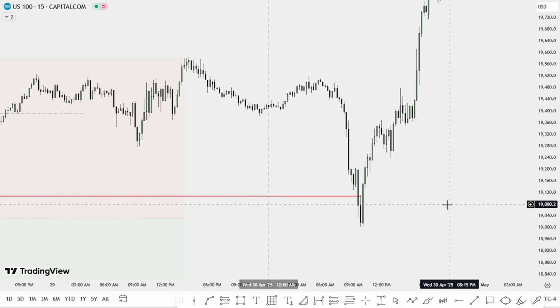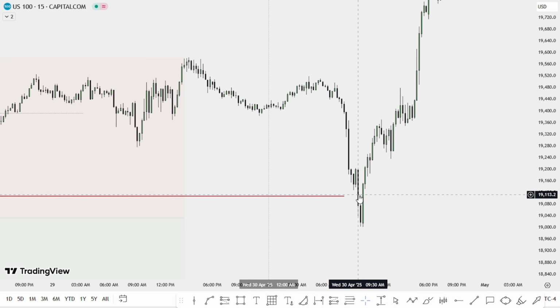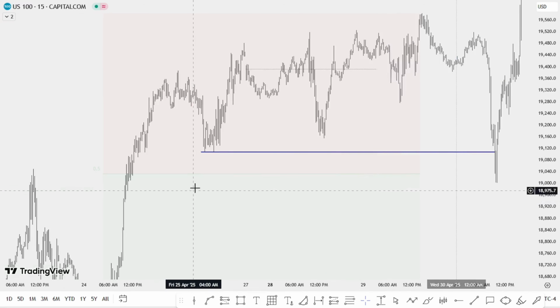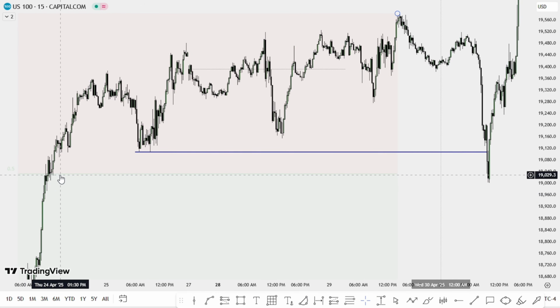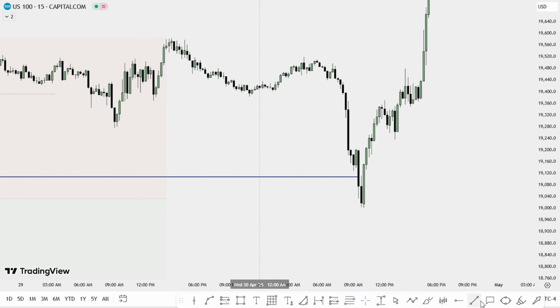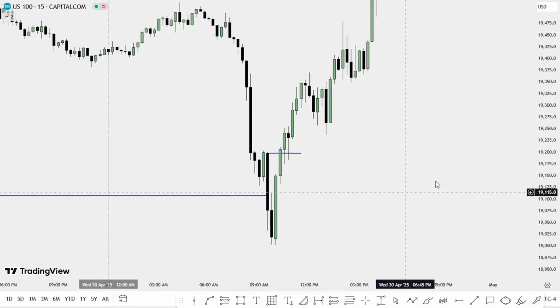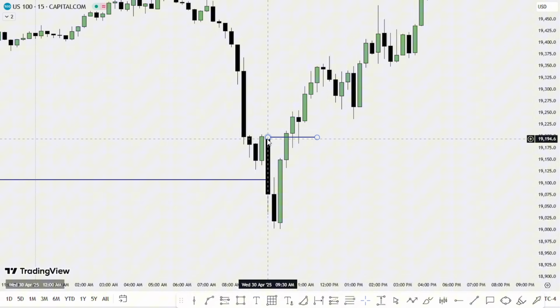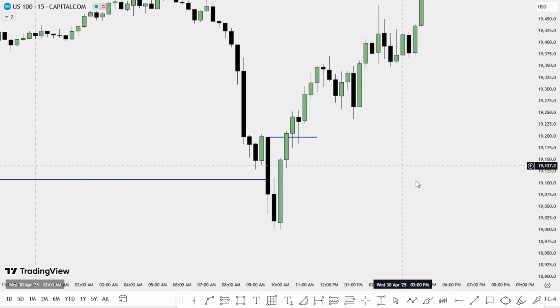Okay, now you can see the 9:30 just kicked in, right? You can see this 9:30 manipulation into a key level, discount of the market, discount of the dealing range, and then it just rallied at the 10 a.m. Okay, after the change in the state of delivery, you can see at the 15-minute chart, it gave the change in the state of delivery here, disrespecting this fair value gap, creating an inversion, and creating a down close candle, which is a change in the state of delivery.